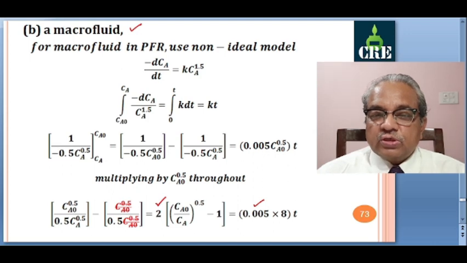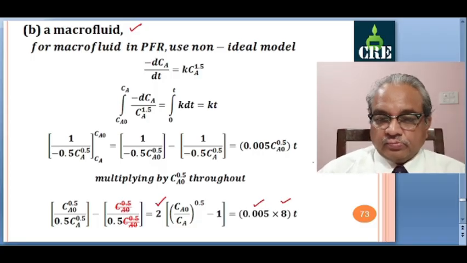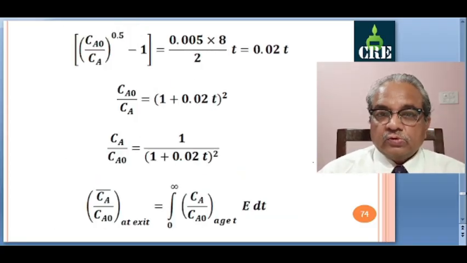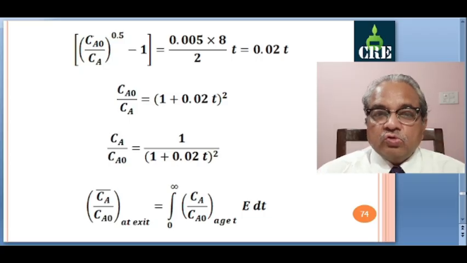Ca0 is 64, so the square root of 64 is 8, times t. We transfer the 2 to this side. If you solve this, it is simply 0.02 t.